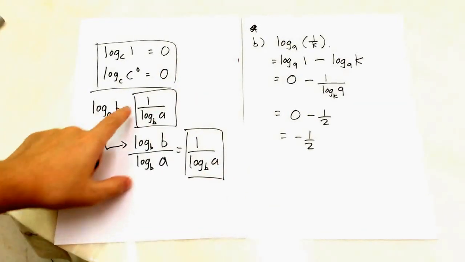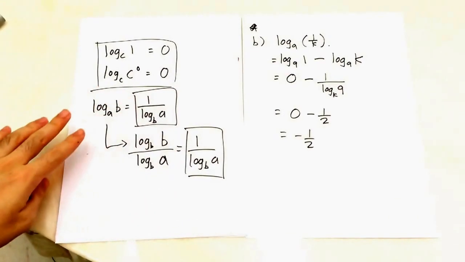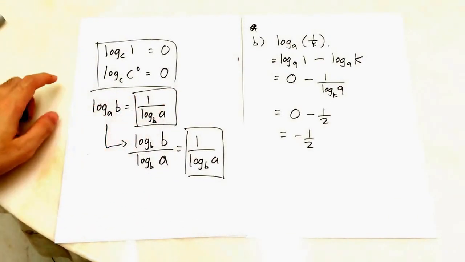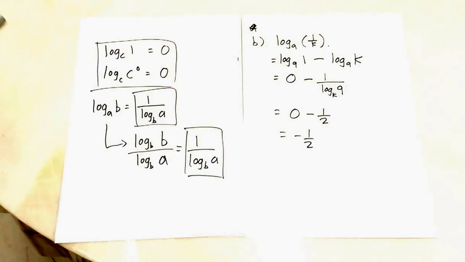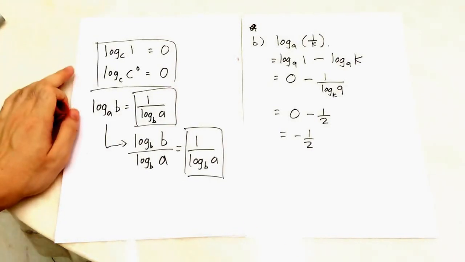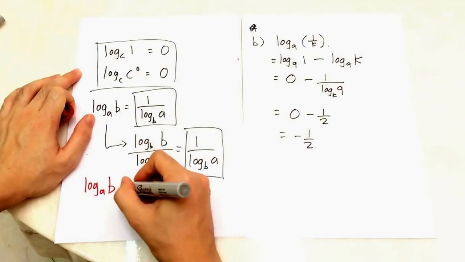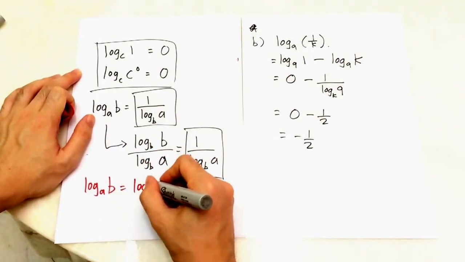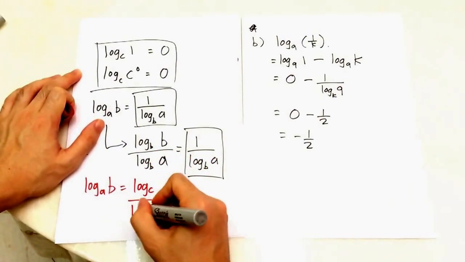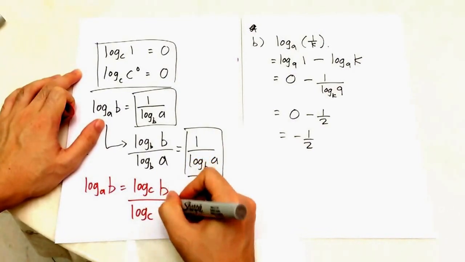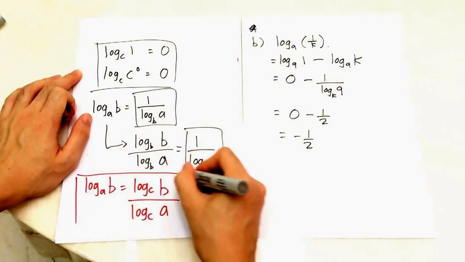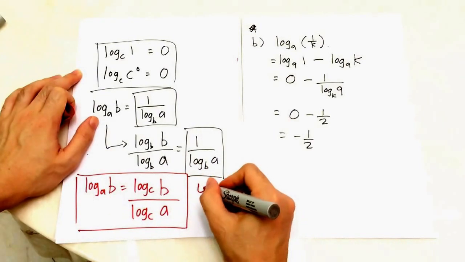So you can remember this formula, or you can remember another formula of changing base. This is very common. Let's say you have log A B and you want to get something else, log C. You just write log C B over log C A. This is the law of changing base.